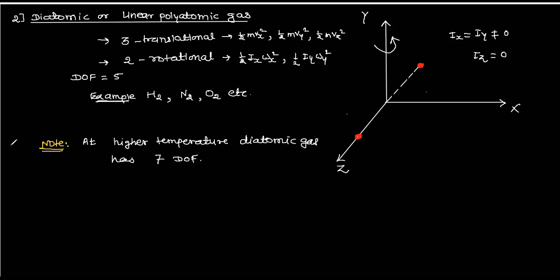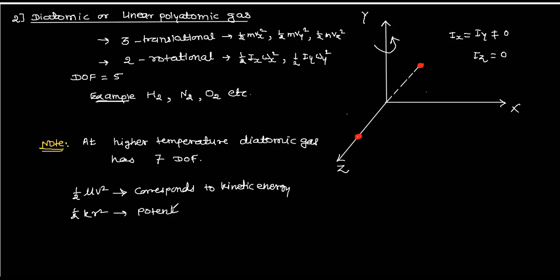Because one you are getting half mu v square, which corresponds to kinetic energy, and half k r square corresponds to potential energy of vibration.